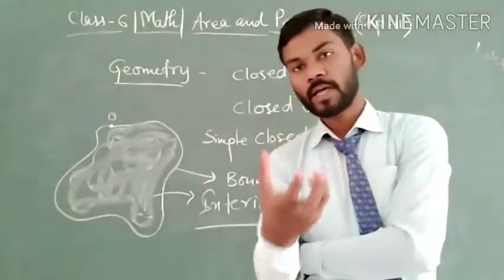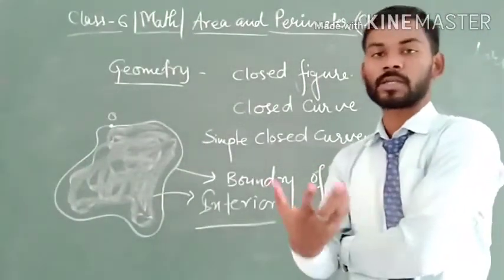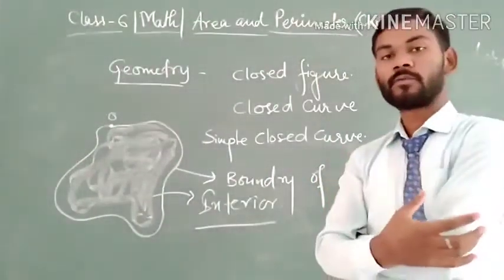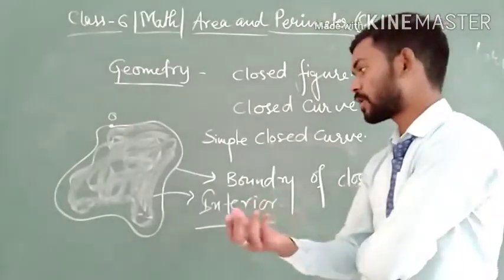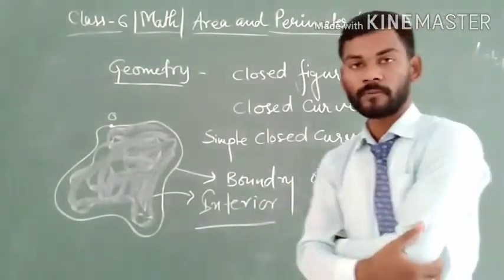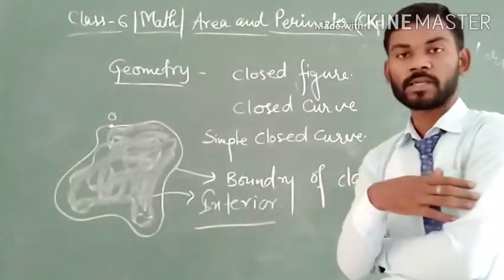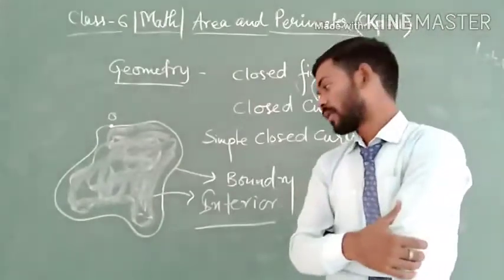When we get the value of the length of the boundary, then this boundary is called the perimeter. We cannot say that the boundary is the perimeter until we get the value of the length of the boundary. Whenever we get the length, then we can say that this is the perimeter.